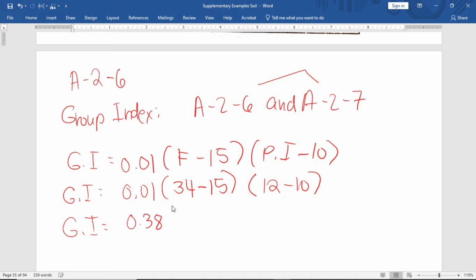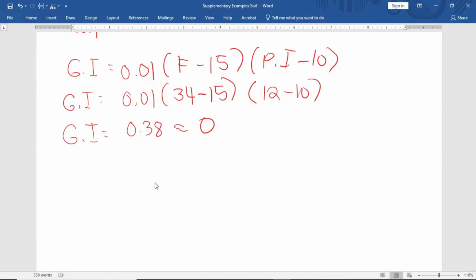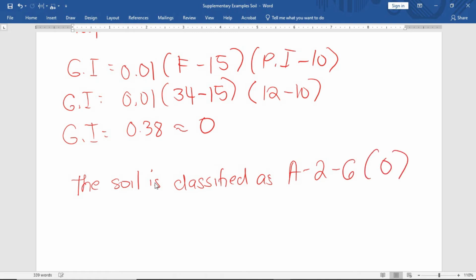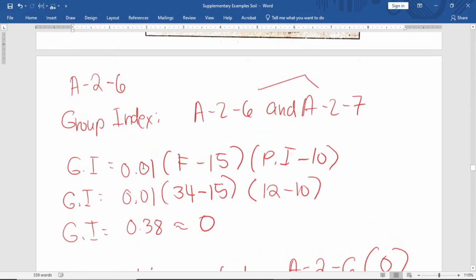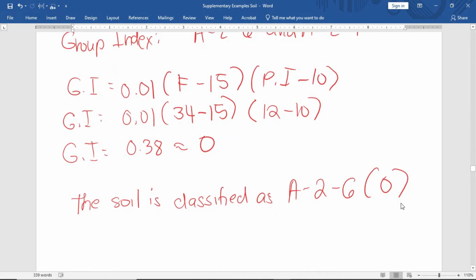Sabi ko kanina dapat whole number, kaya ang dito is 0. Hindi siya 1, 0 siya. So, the soil is classified as A-2-6-0. Ganun yung pagkakasulat natin.